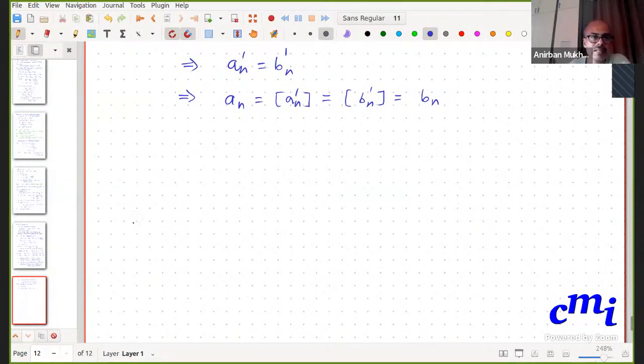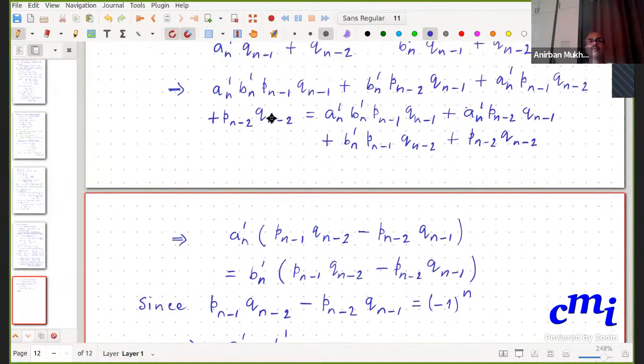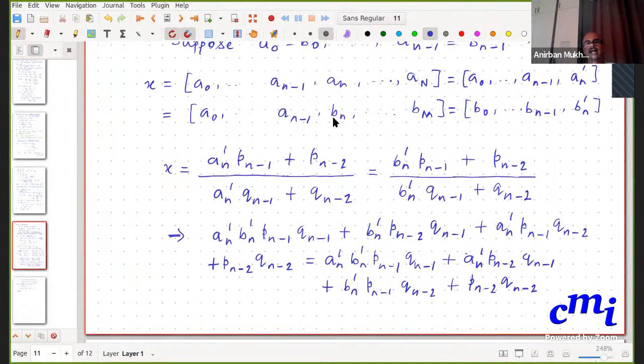Now make an assumption about n and m. We are going to prove these equalities till we reach the end of one of these numbers. So suppose n is smaller.